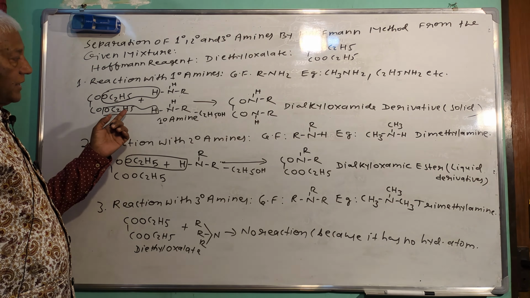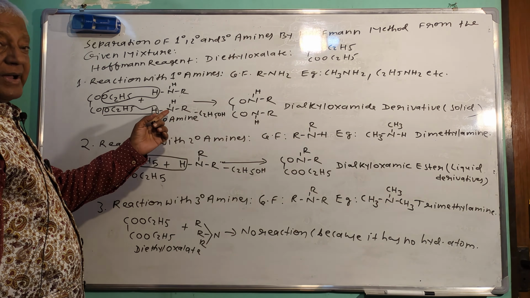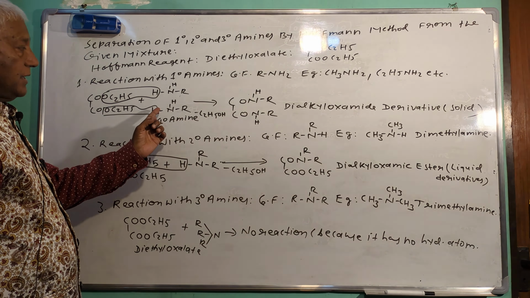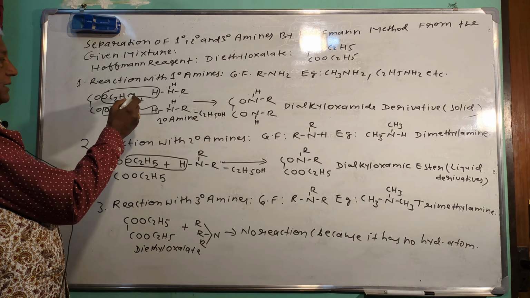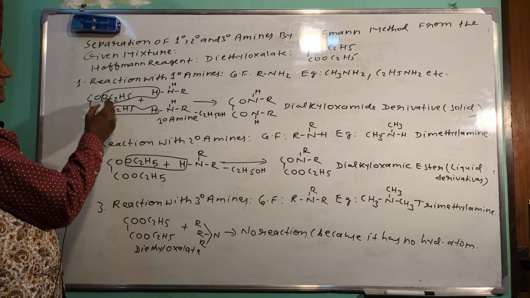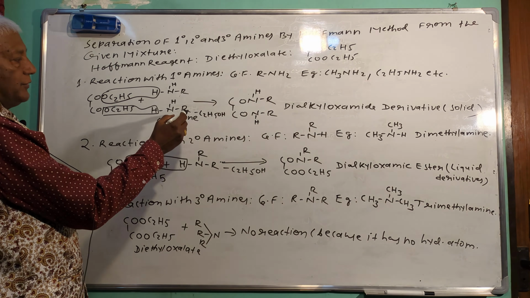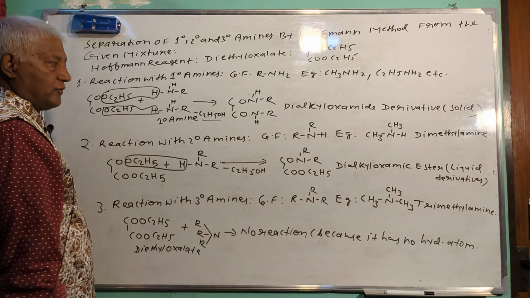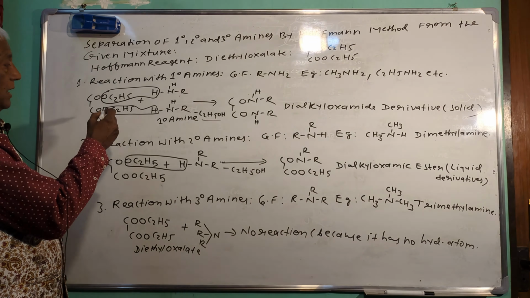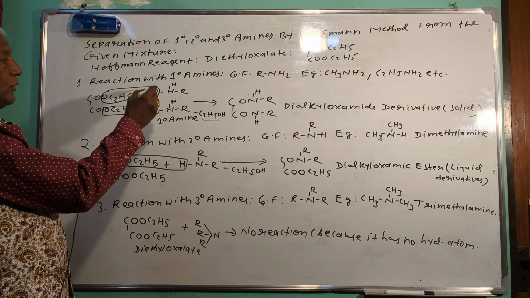Two molecules of primary amine, RNH2, RNH2, react. One of the H from the amine reacts with this ethoxide. So we get 2 molecules of ethyl alcohol. And what are the rest of the products?